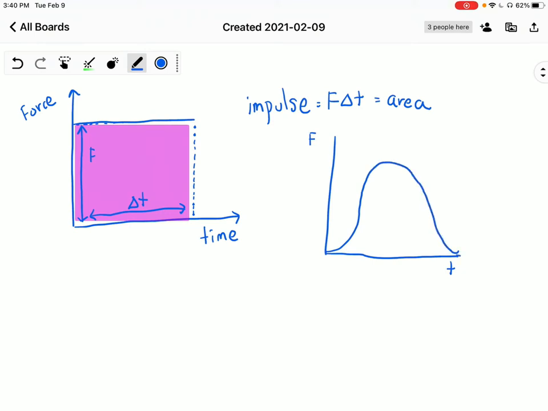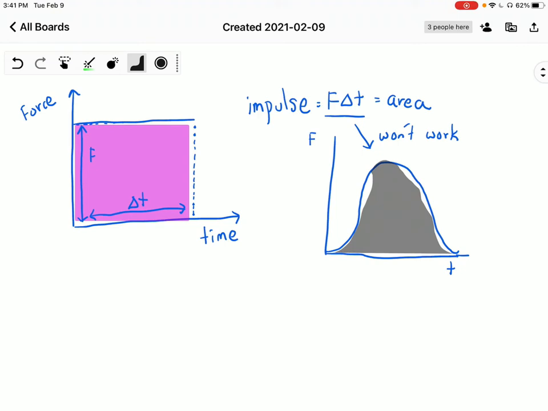It would gradually begin and gradually end, and that I think makes more sense. However, this formula, the F delta t, won't work in that case because it's not a rectangle, and F delta t describes the area of a rectangle. And so instead we say impulse is the area under an F versus t graph.